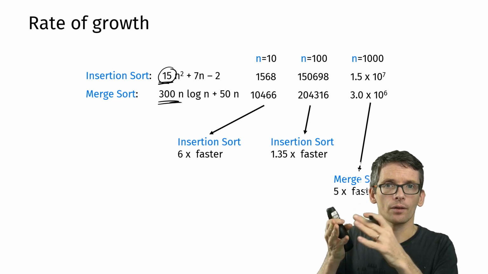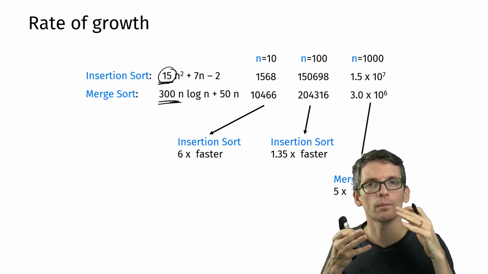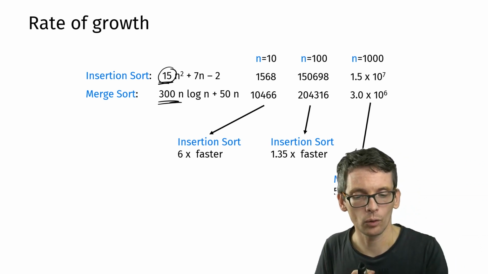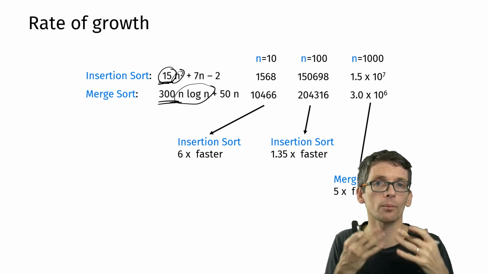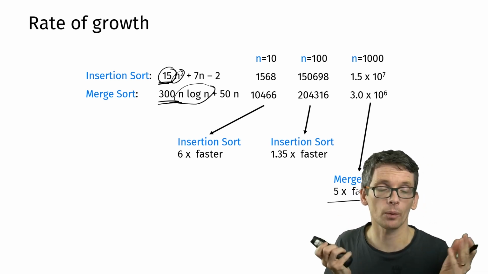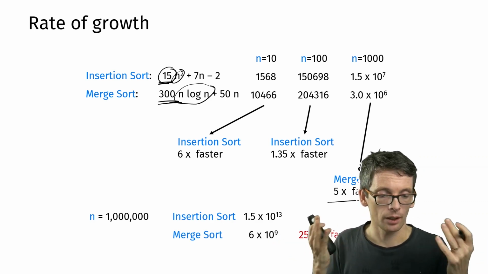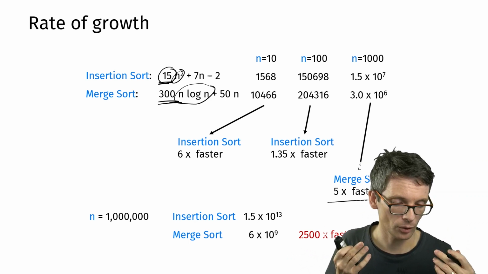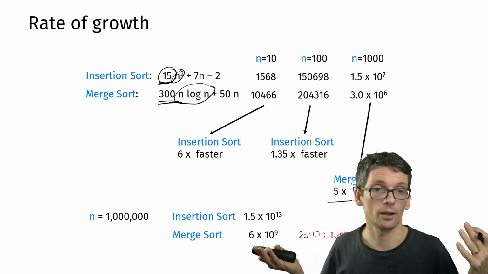But the larger n, the more the growth rate will play a role, and the more merge sort will show that it's faster. Here in this example with 1000, it's already 5 times faster. But if we take 1 million, it's already 2,500 times faster. The larger n, the larger this difference will become.